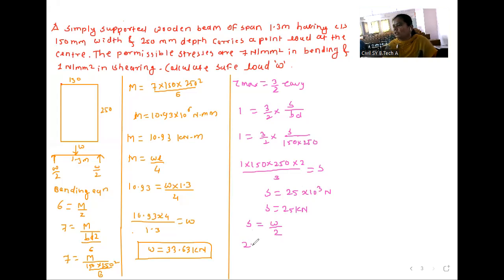So shear force is 25, which is equal to W by 2. So W is equal to 25 into 2, therefore W is equal to 50 kilonewton. So when we apply the bending equation, the force is equal to 33.63 kilonewton, and when we apply the shear stress equation, W is equal to 15 kilonewton.